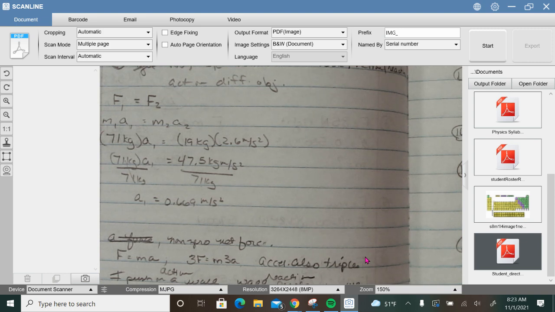Number 7A is force of gravity, force your hands exert on the book. And B is yes. And C is no. Action-reaction pairs act on different objects. 6 is 0.7 meters per second squared.